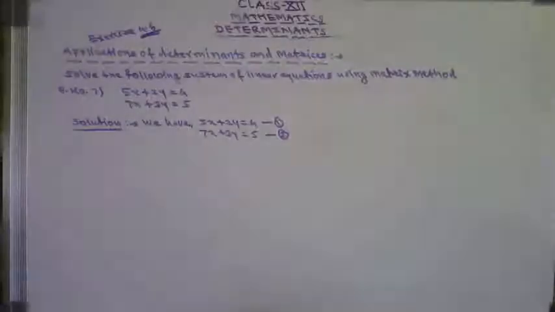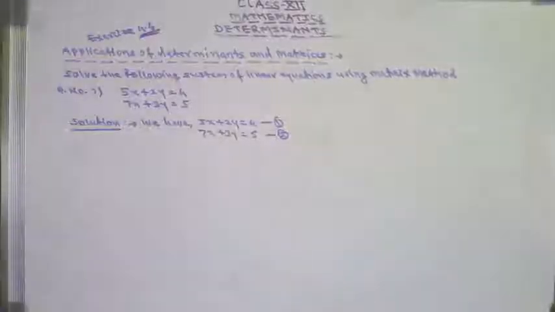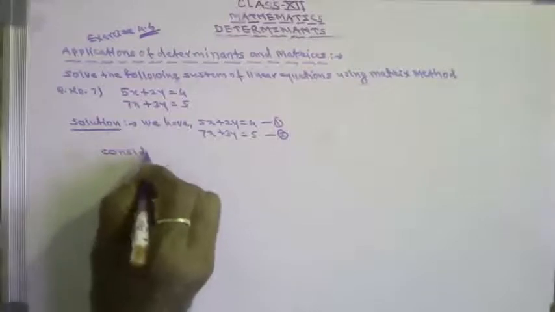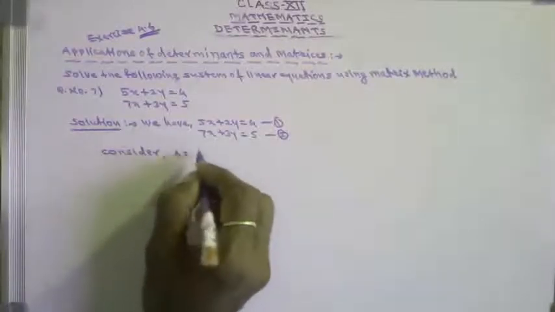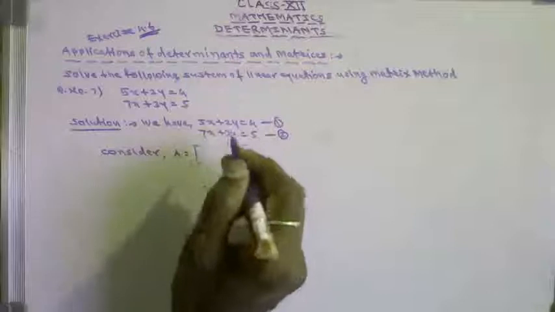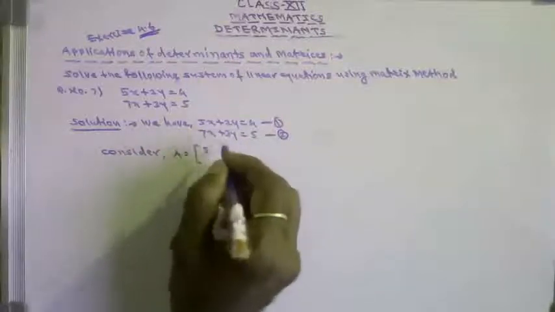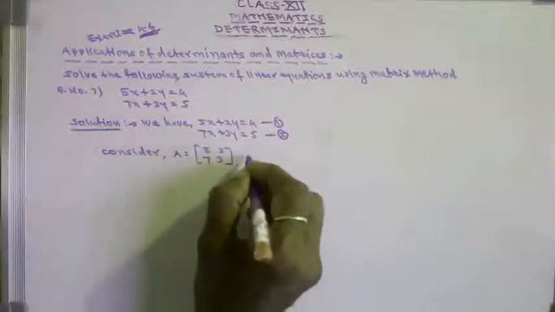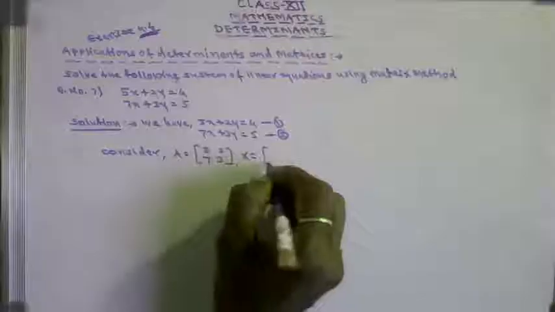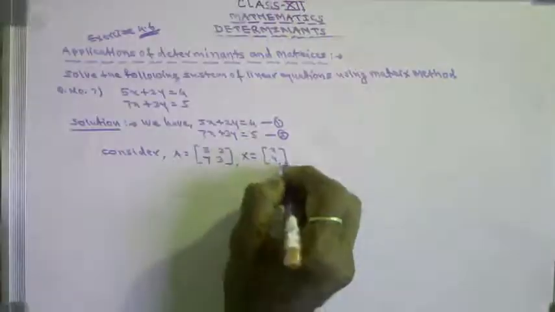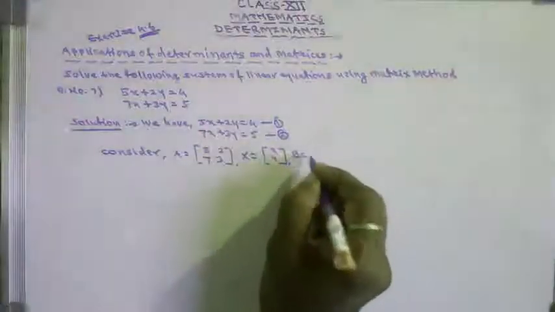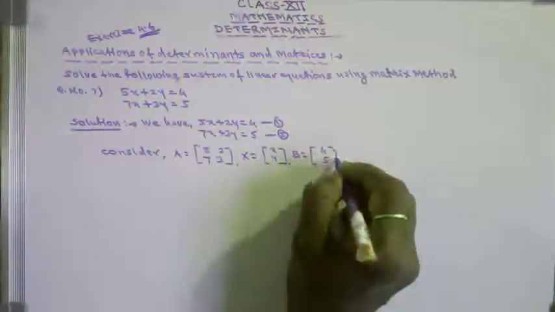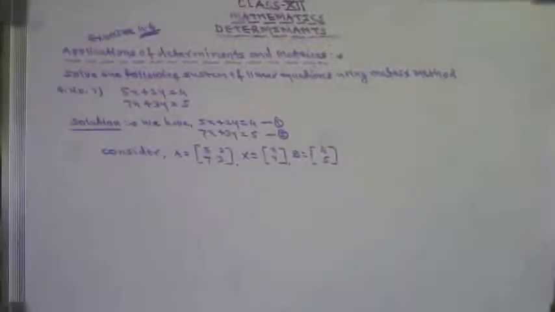So first of all, you write it in matrix form. Consider capital A equals the matrix of coefficients of x and y, that is 5, 2, 7 and 3. Capital X equals x and y, since there are two variables, and B means the right-hand side constant numbers 4 and 5.